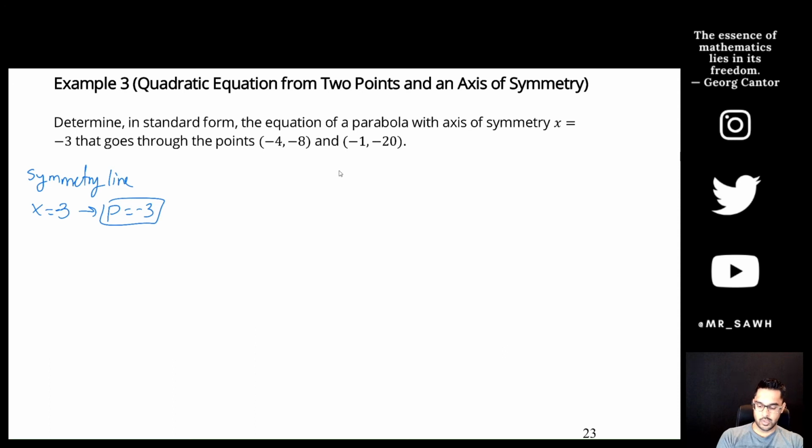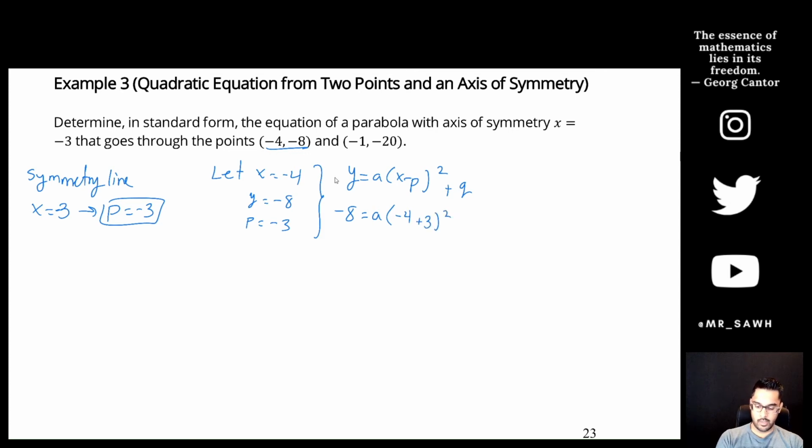So we'll do the first one in blue. So let x equal -4, y equal -8, p is going to equal -3, and we'll see where that'll get us. So if y equals a(x minus p) squared plus q, then I know that -8 should equal a times x is -4, p is -3, so really this is +3 in here, and I don't know q.